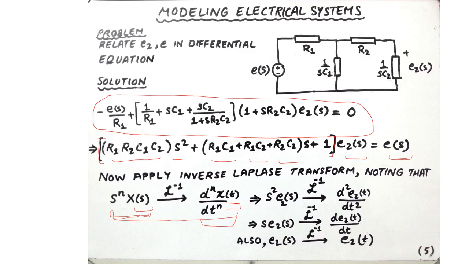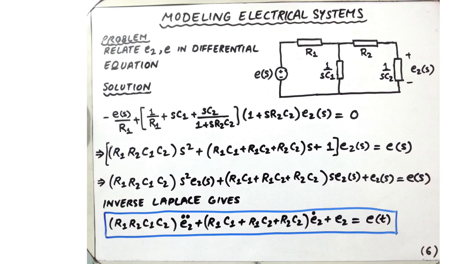In our case, however, we have terms like s squared times E2(s) and s times E2(s). So taking their inverse gives us the second time derivative of E2, and in the second case we get the first time derivative of E2. And the final term E2(s) has inverse Laplace that is just E2 in time domain.